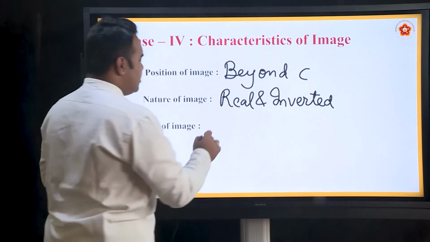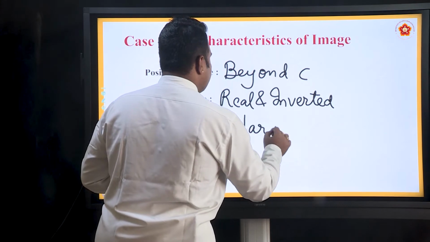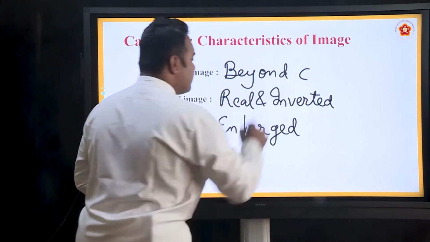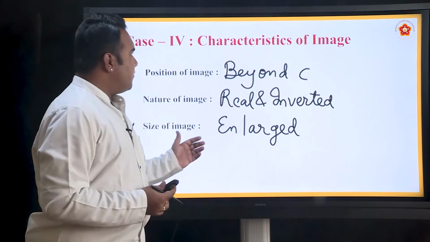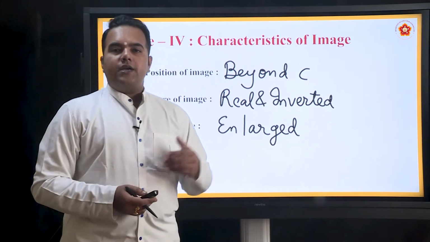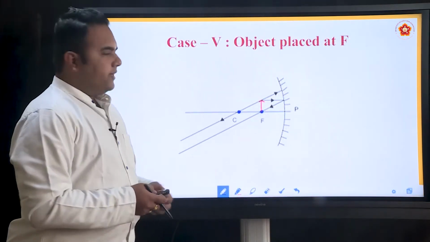Size of the image: enlarged. So, this is how we formulate our result for the image formed when we place the object between C and F. Now, let us come to the next case.